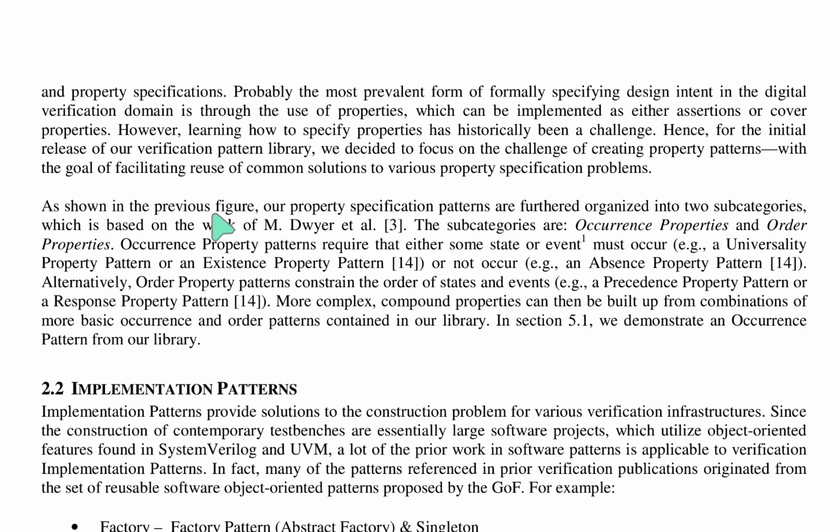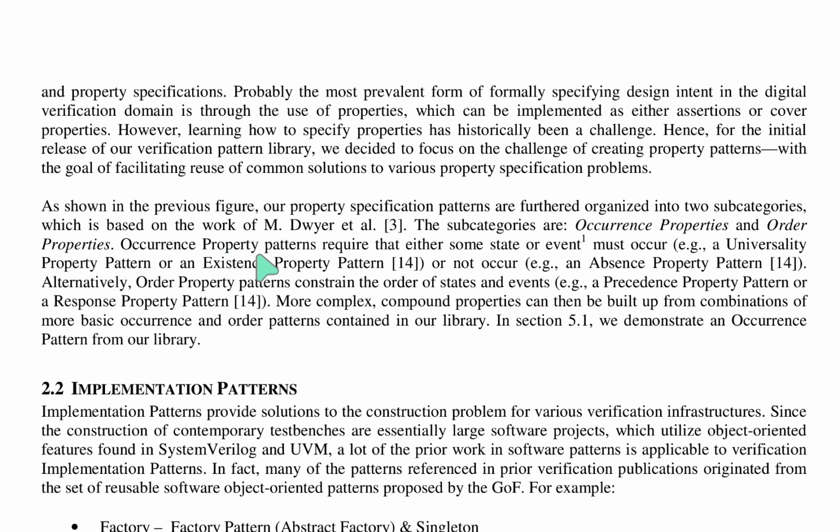As shown in the previous figure, our property specification patterns are further organized into two subcategories, based on the work of Dwyer et al.: occurrence properties and order properties.